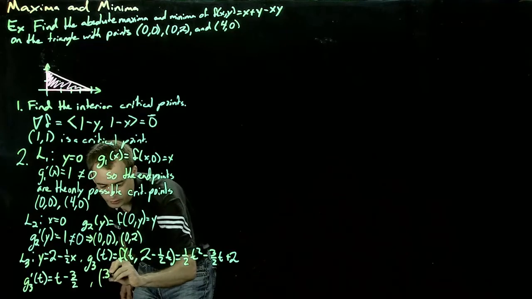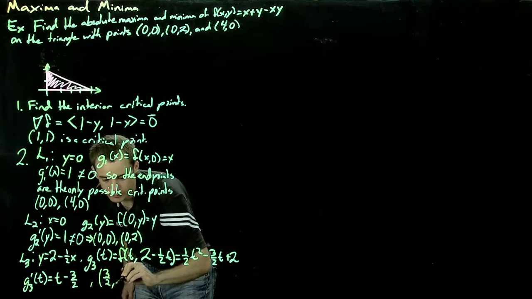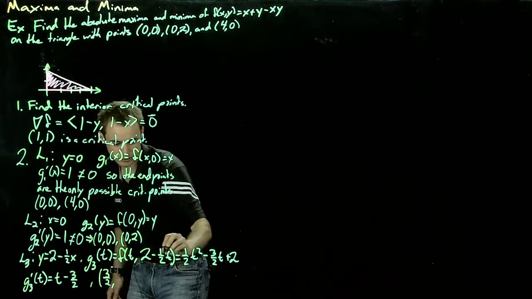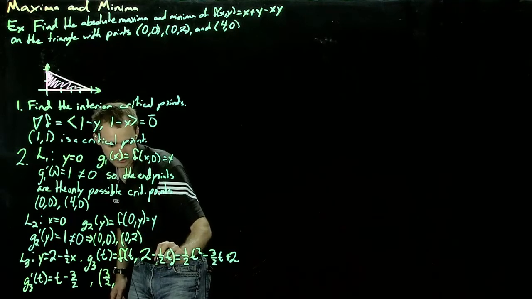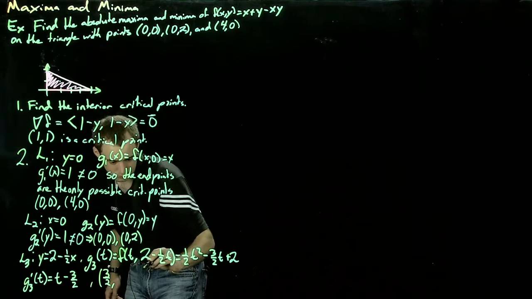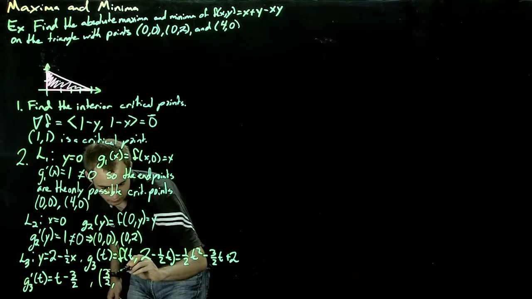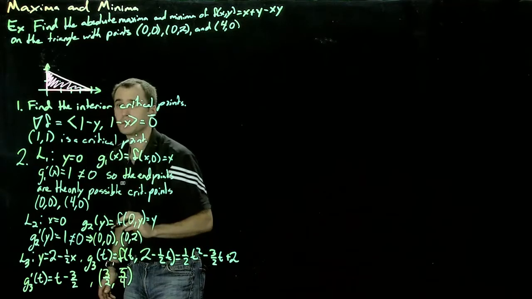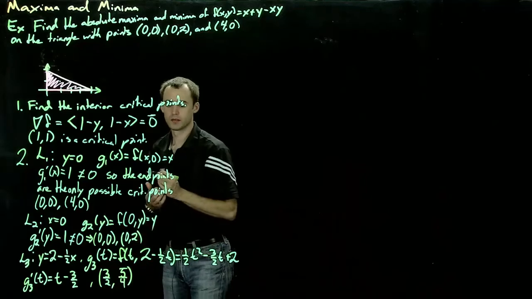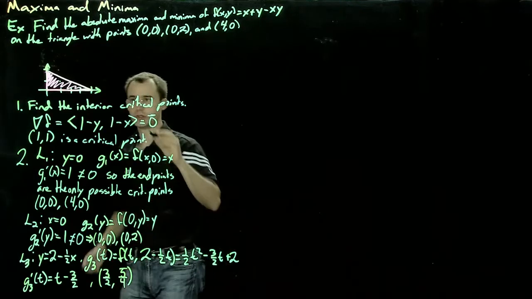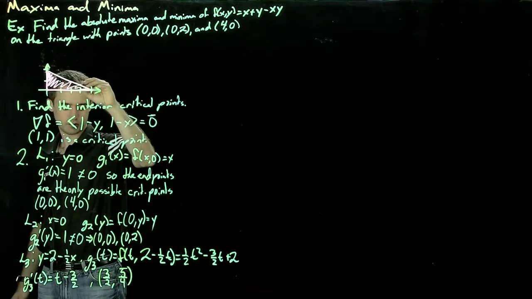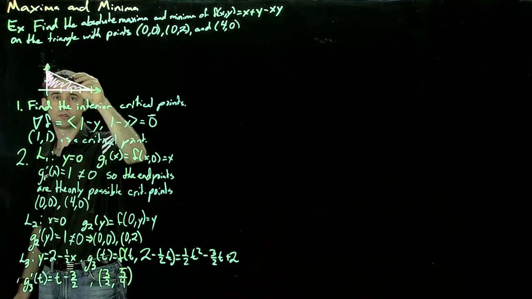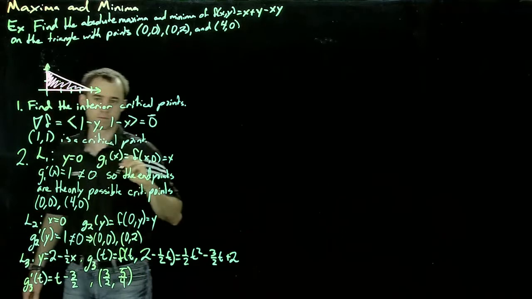So we have (3/2, whatever this comes out to be), 2 - 3/4 is 5/4. Something like that. So that should be x = 3/2, roughly that point.